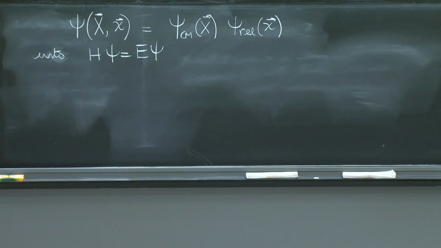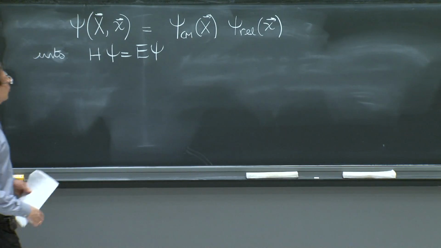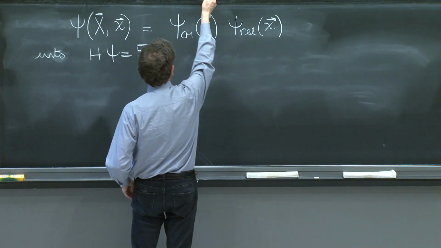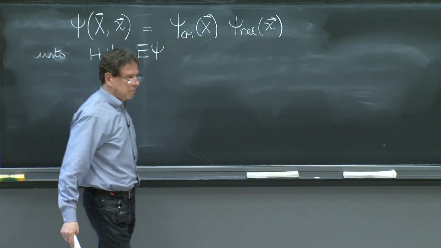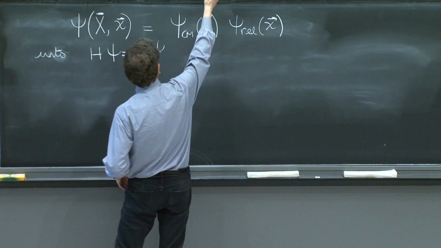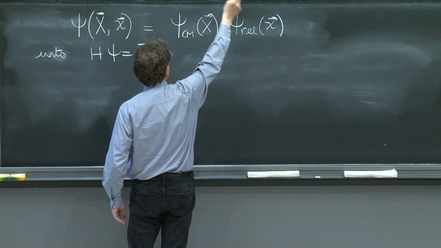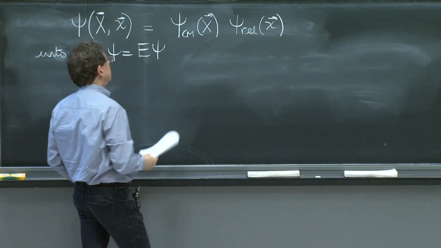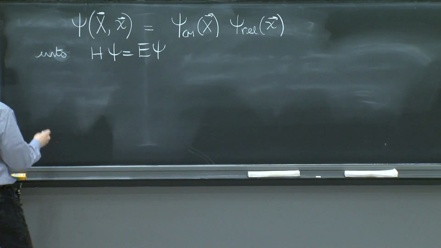So let's see how it would go. Each term of the Hamiltonian is going to act on this product of functions that determines the whole wave function. The center of mass momentum, being a derivative with respect to this X, will act just on the first term.